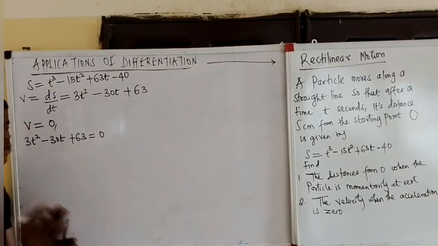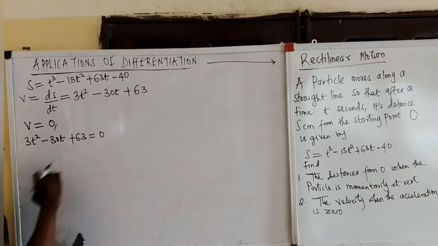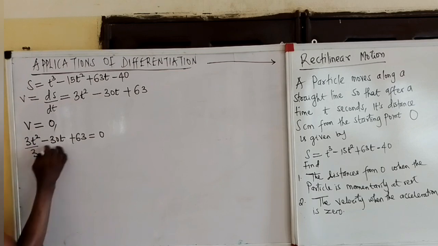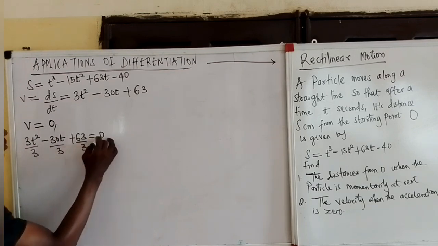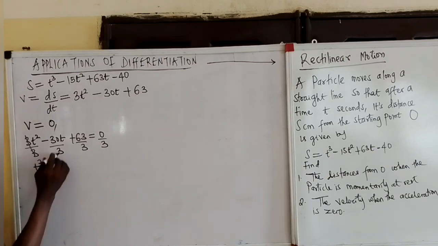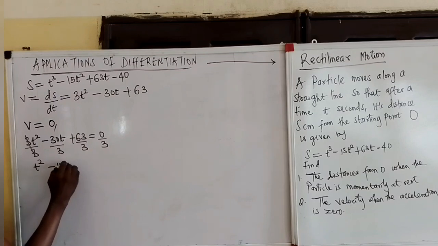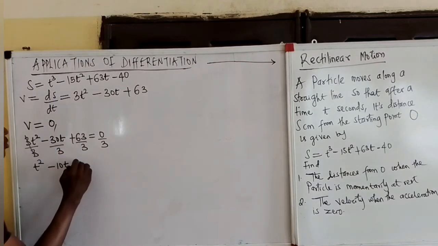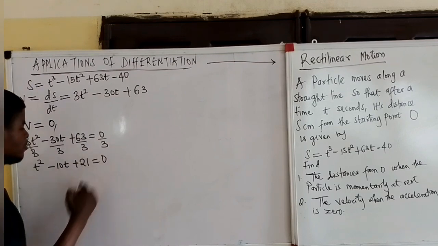Now, permit me to reduce this left hand side by dividing both sides by 3. 3 cancels 3. I have t squared, minus 30 divided by 3 is minus 10, I have minus 10t. 63 divided by 3 is 21, equal to 0.